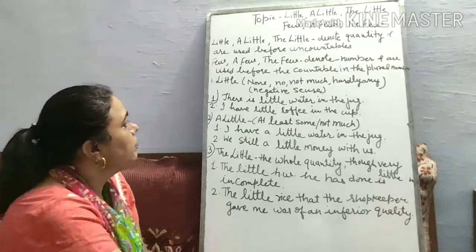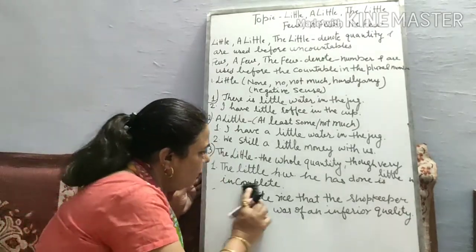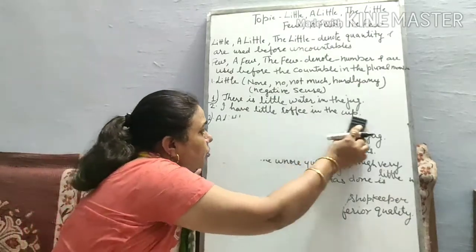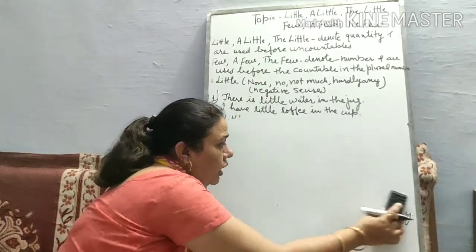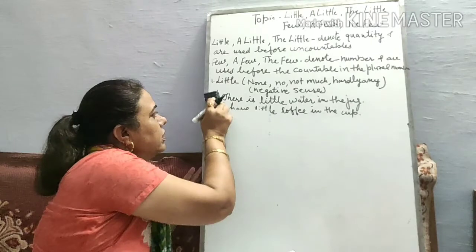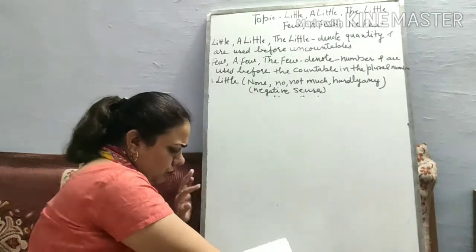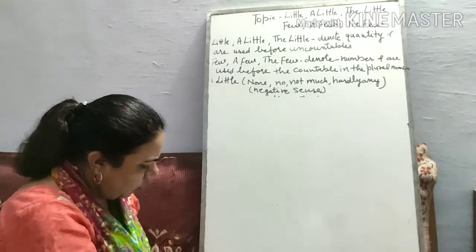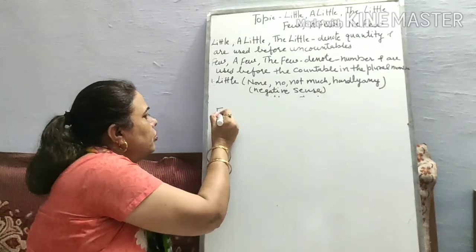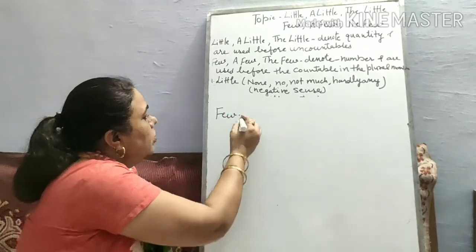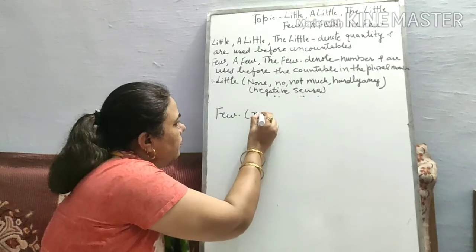So next we take the part of few, where we use few. Few has 3 categories. First we take few, not many. What is the meaning of not many?